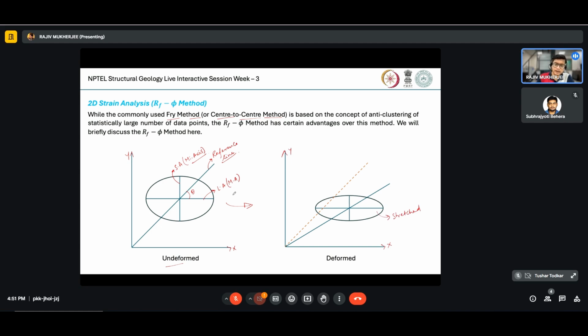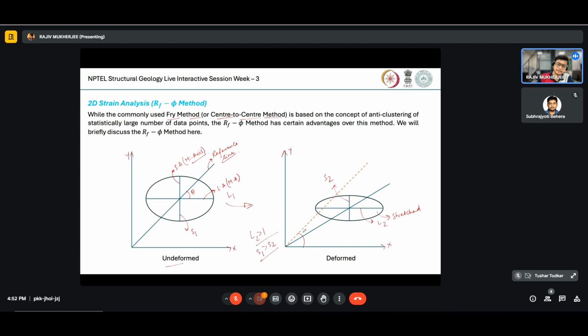So if the initial long axis was L1, now the long axis must be L2, and L2 is greater than L1, whereas if the short axis is S2 and the short axis was initially S1, then S1 is greater than S2. So this is the relation that we expect from the deformation of an ellipse.